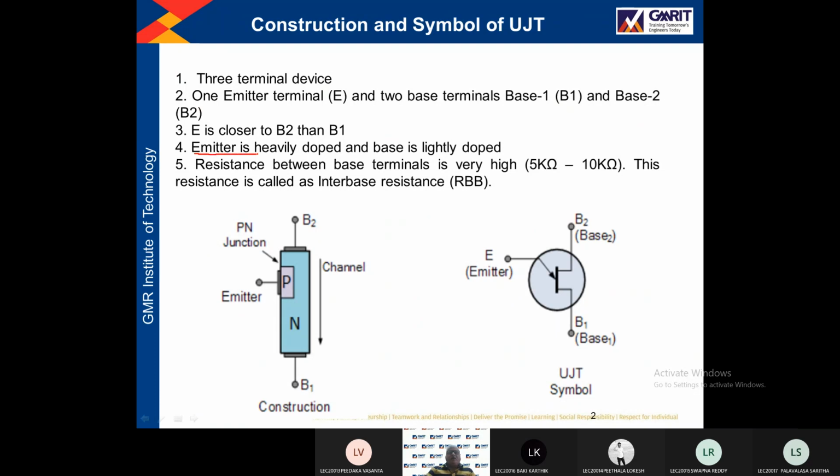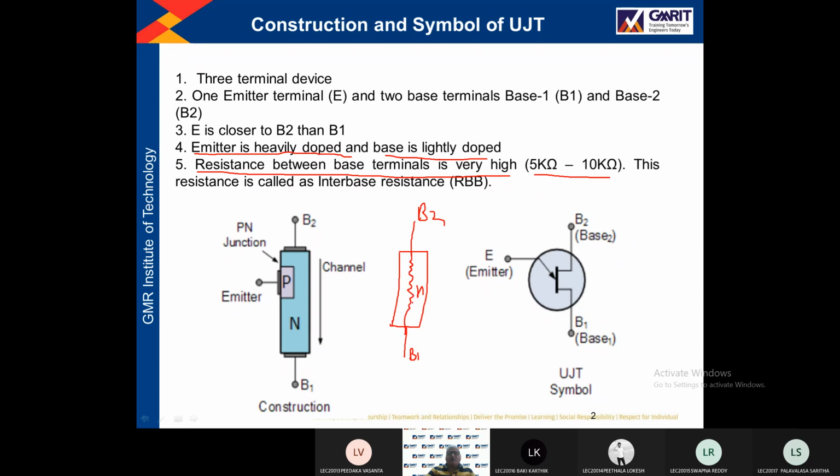Okay. So here the emitter is heavily doped. While in construction, engineers heavily dope the emitter terminal, and the base is lightly doped. Now the resistance between base terminals is very high, 5 to 10K. Whatever material you have, it has certain resistance. Suppose this is your N material, this is your B2 and this is B1.